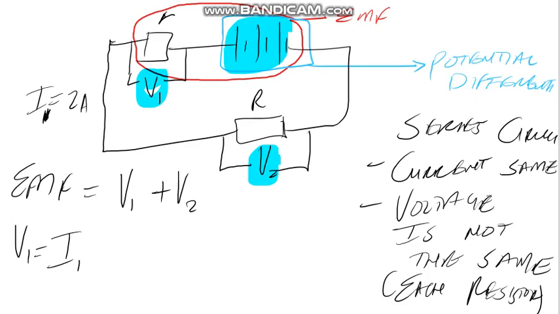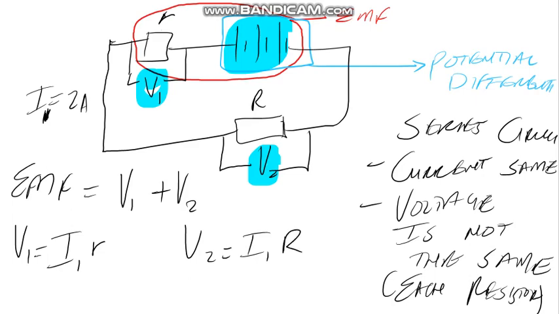So you'll have I1 times small r, plus the other one, V2. To calculate V2, you'll have I1 again, because it's a series circuit. It doesn't split. So you'll have R there.